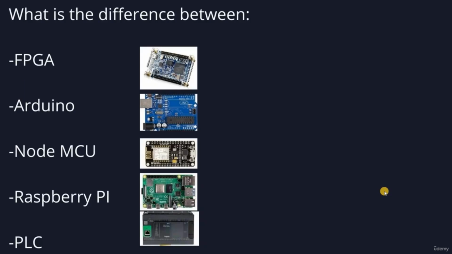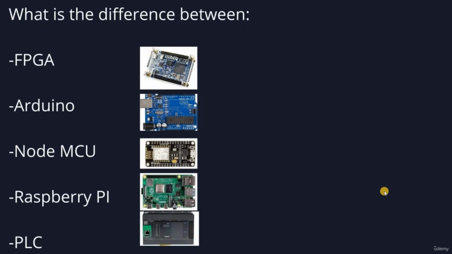So the top 5 most common embedded systems we can see in the market are FPGAs, Arduinos, NodeMCUs, Raspberry Pis, and PLCs. Of course, there are other types of industrial microcontrollers, but those are the best way to start with this domain.